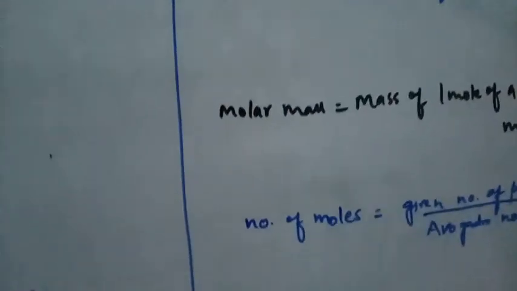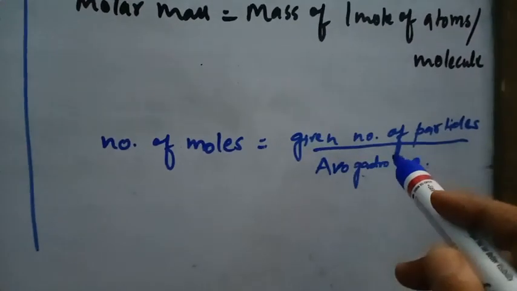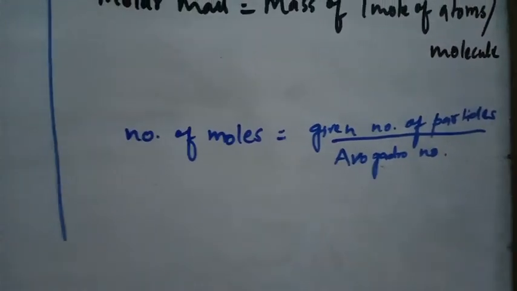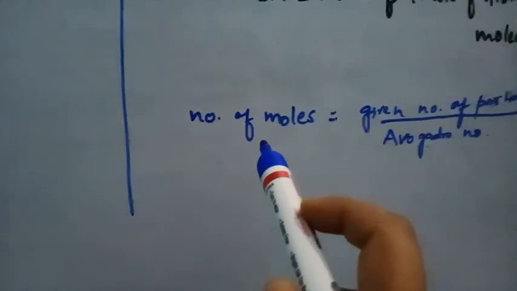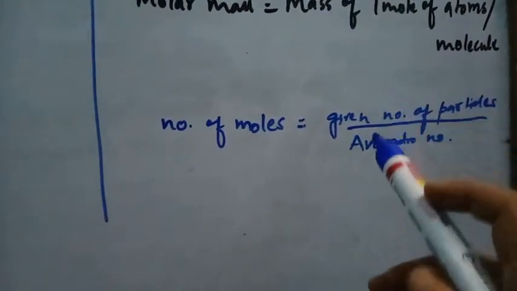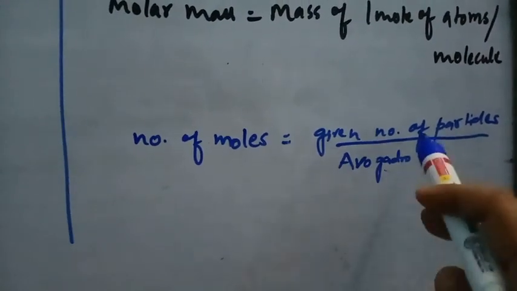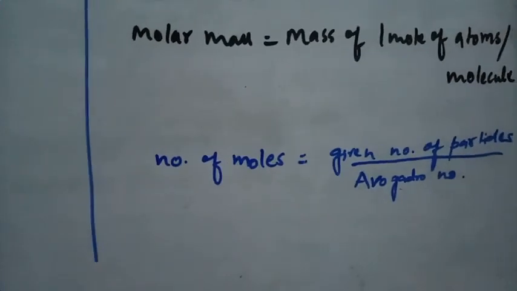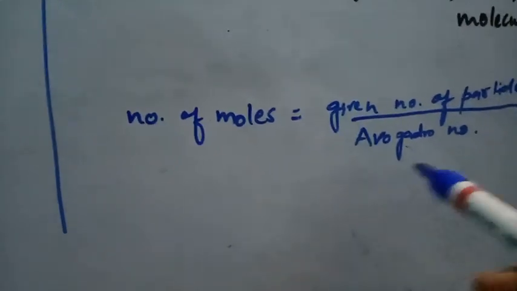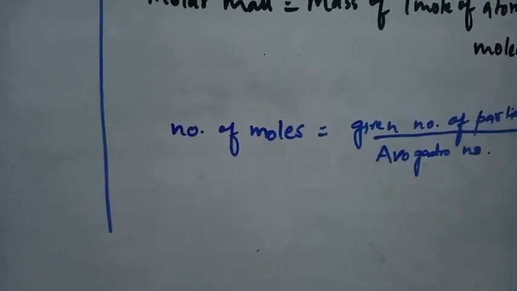Now the next formula is number of moles is equal to given number of particles divided by Avogadro number. If in the question number of moles is to be calculated, then you can use this formula, because the number of particles, that is number of atoms or number of molecules, will be given in the question, and you know the Avogadro number value, that is 6.022 into 10 to power 23.